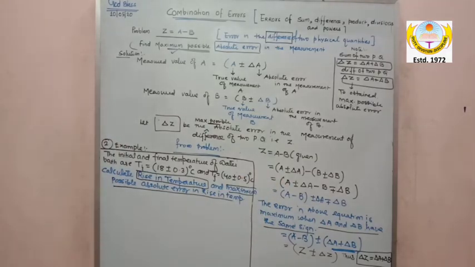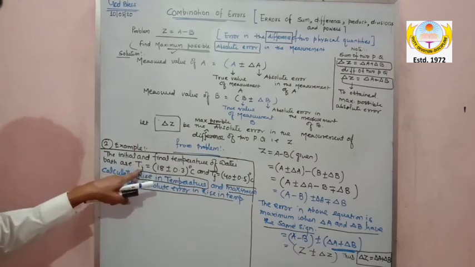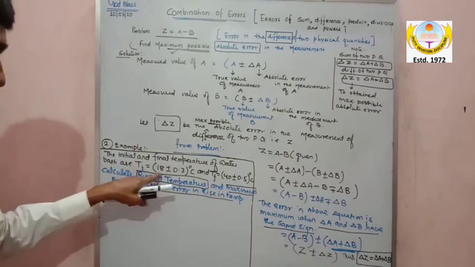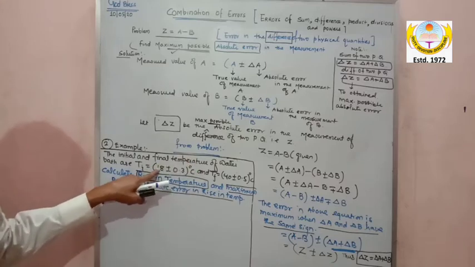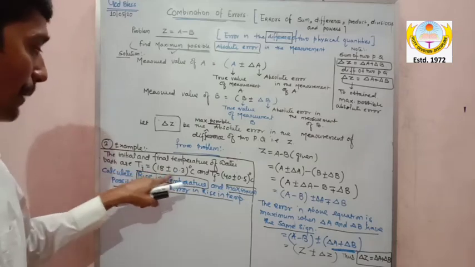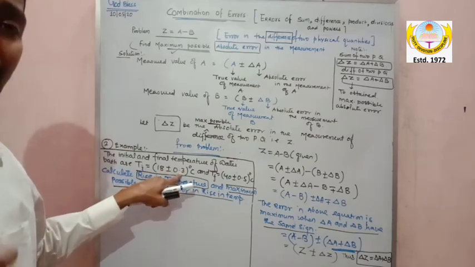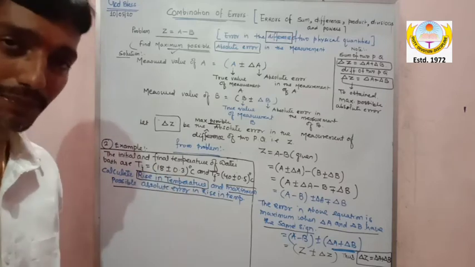Now based on this question, my dear, I am doing this question. Here I have written the initial and the final temperature of the water bath. Ti is the initial temperature, that is 18 plus minus 0.3 degrees Celsius. Now this is a time to reevaluate yourself. 18 is the true value of the initial temperature and 0.3 is the absolute error in the measurement of the initial temperature.